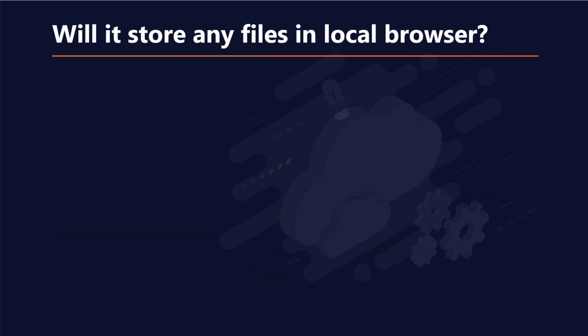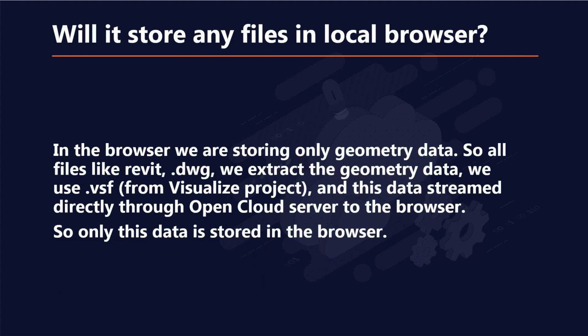Okay, the next question: will it store any files in the local browser? It's not clear. In the browser, we store only the geometry data. All files like Revit, DWG, DGN, and others, we convert them and extract the geometry data.